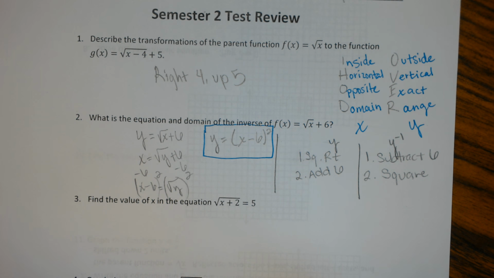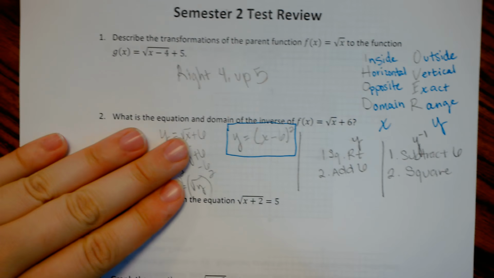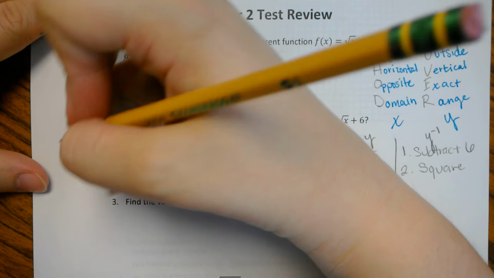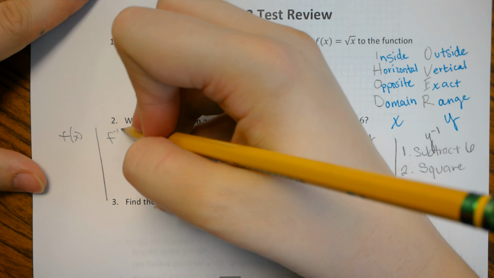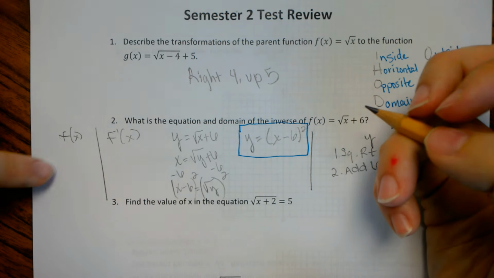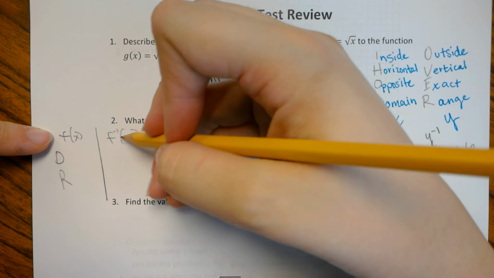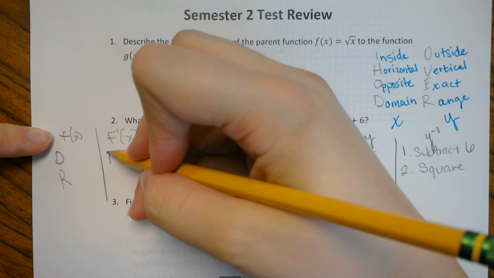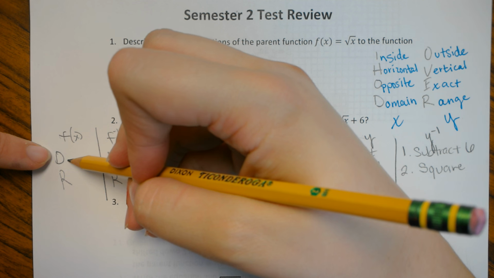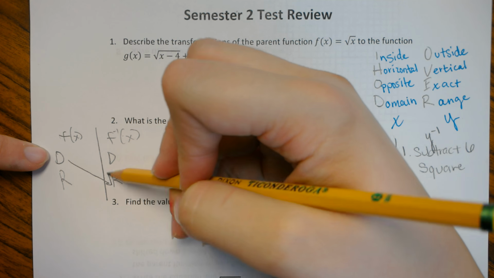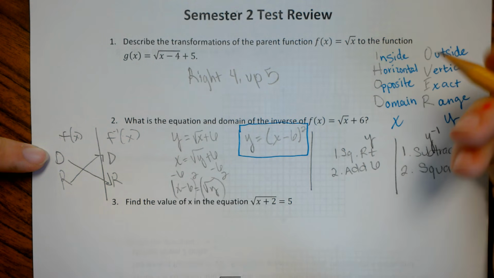The domain: f of x and f inverse have a special relationship. The domain and range of f are related to the domain and range of f inverse. If I switch x and y, x is domain, so that becomes the range of f inverse, and the range of f is the domain of f inverse.